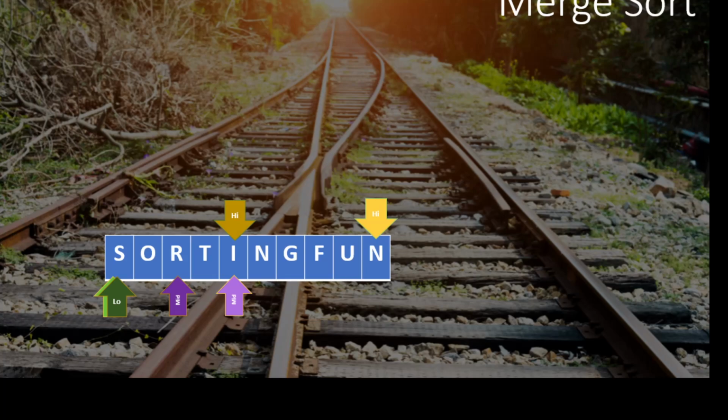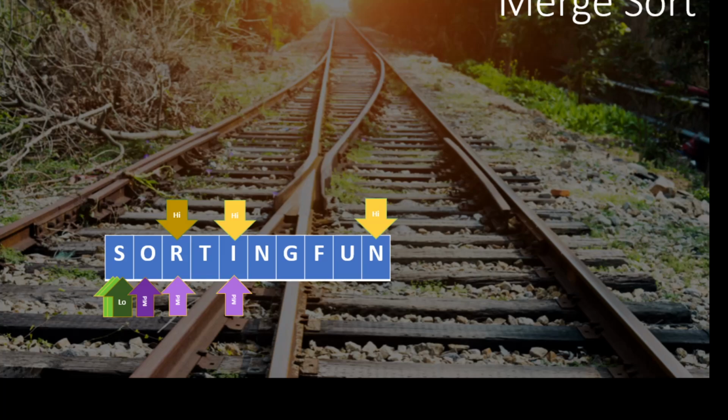Now notice our list is still more than one item. So until the low and the high are pointing to the same item, we just keep recursing. We keep diving down. So now, again, the high becomes the mid. When we recursively call this, the high goes to the mid, and the low stays the same. So the low and the high go there, and then the mid continues to go down from that one.